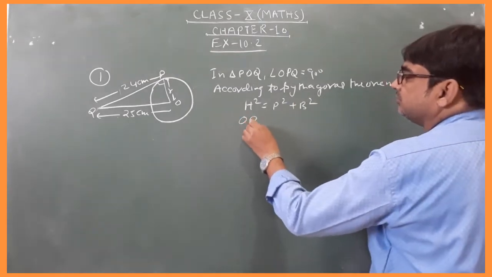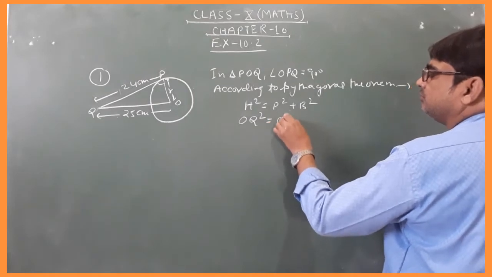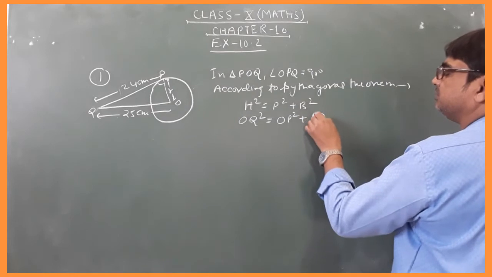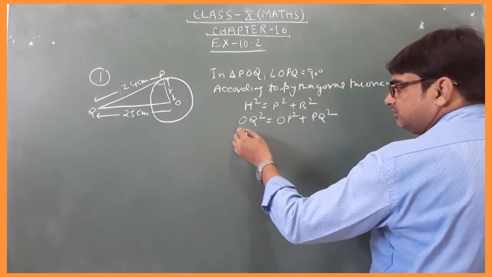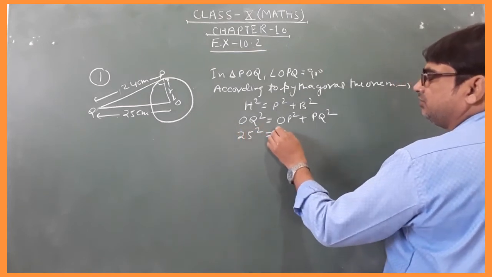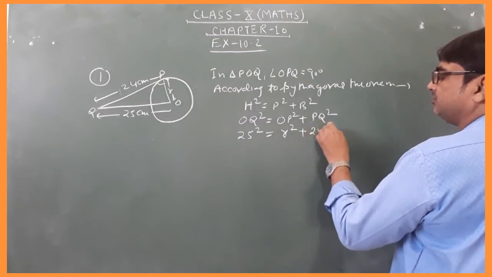H is OQ, so OQ square is equal to OP square plus PQ square. This is what? 25 square is equal to R square plus 24 square.